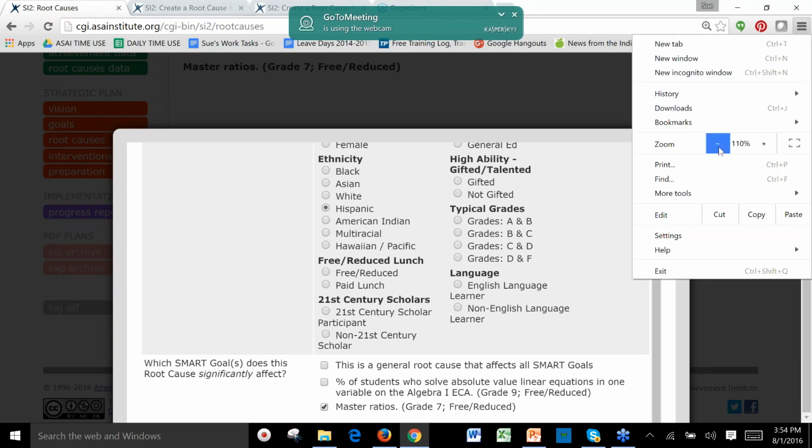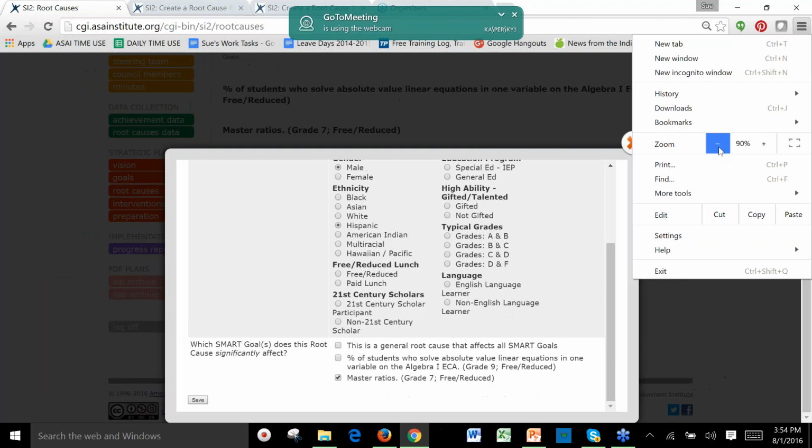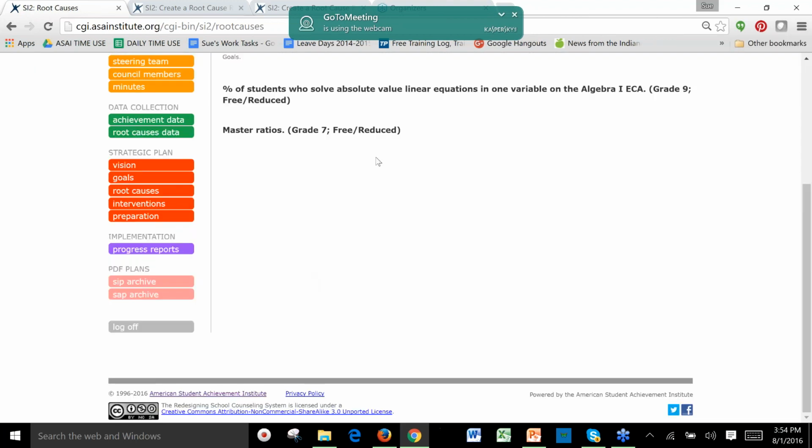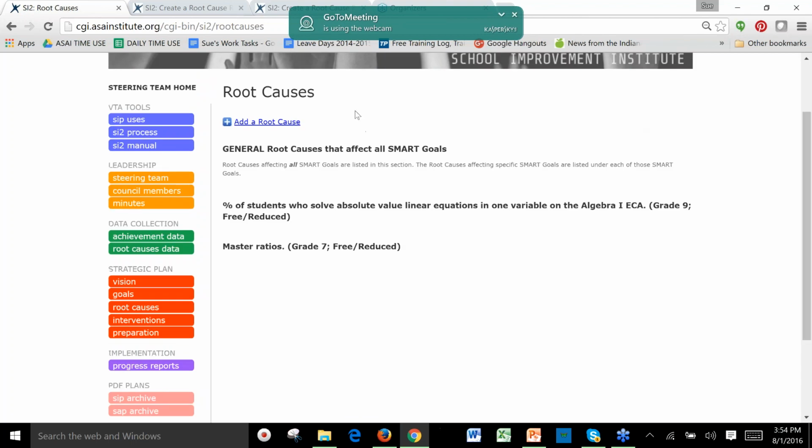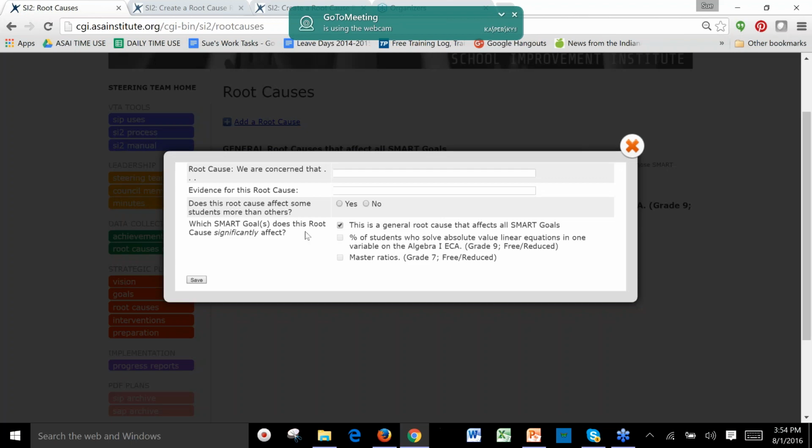Make this a little smaller here. And then at the end, well, shoot. Let me go back. At the end, after you've got that all entered, just hit save, and that would pop up. I just want you to see how that works.